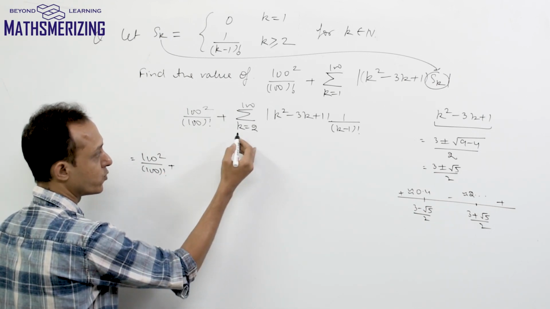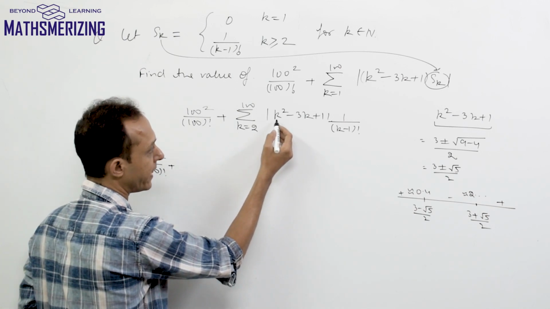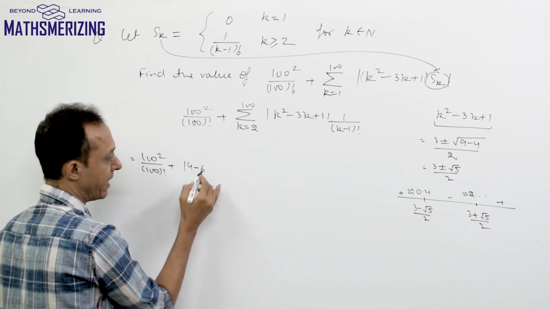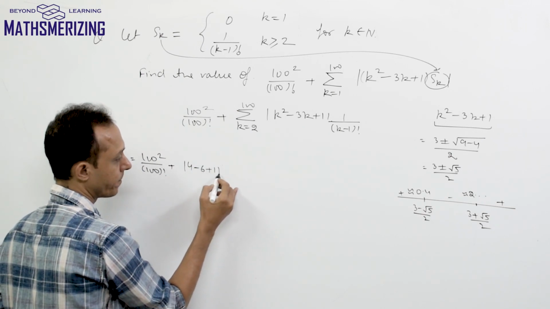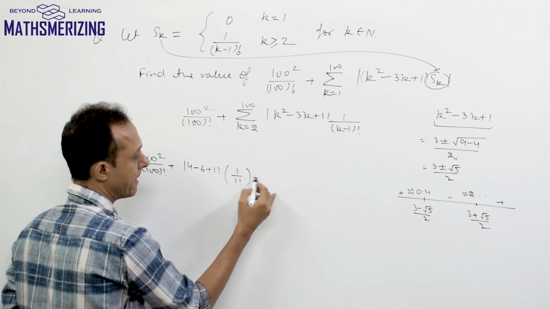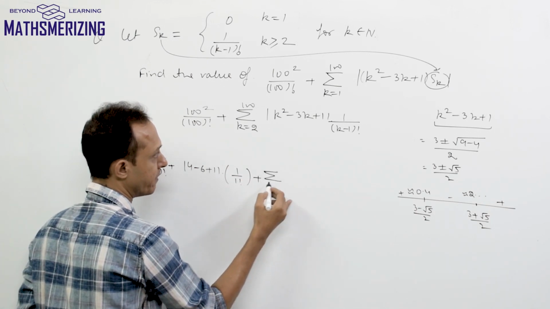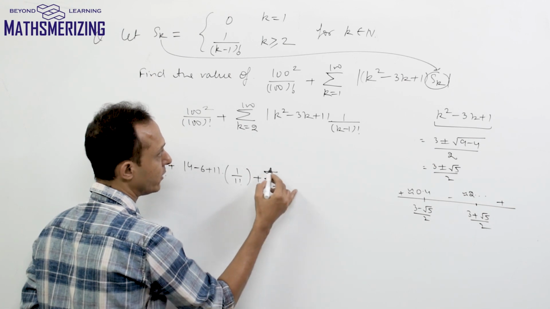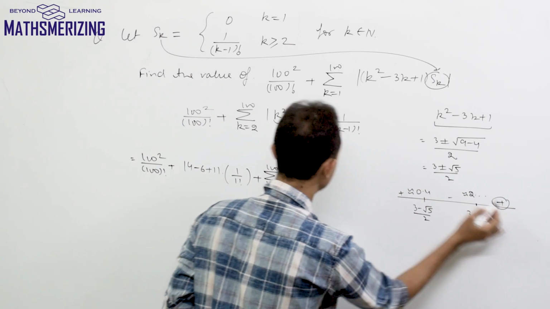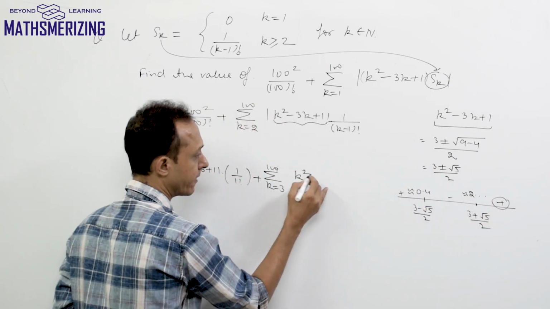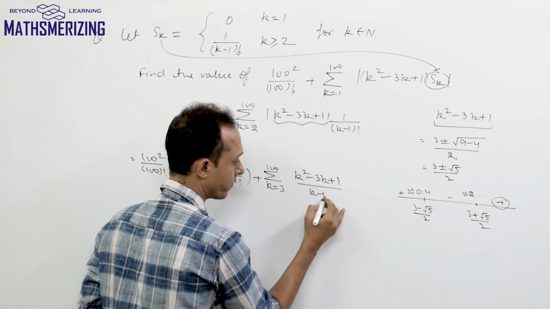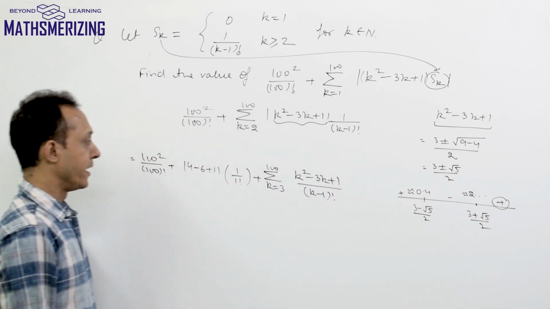Now for the first one, when the value of k is 2, if I put k as 2, I'll get 4 minus 6 plus 1 into 1 upon factorial 1, and then plus the summation where k varies from 3 to 100, and in that case this expression will be positive. So I'll simply write k square minus 3k plus 1 upon factorial k minus 1.